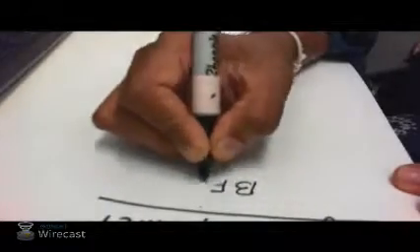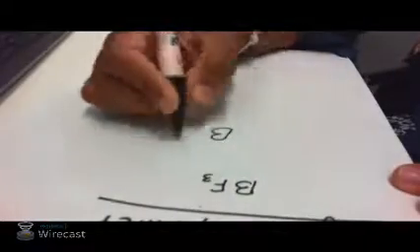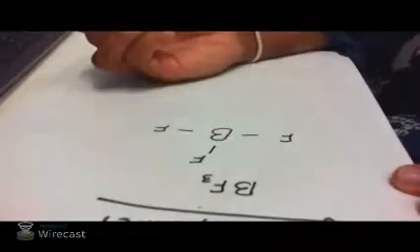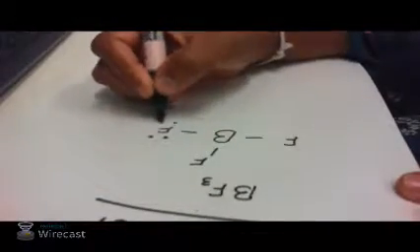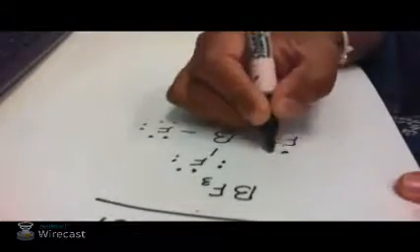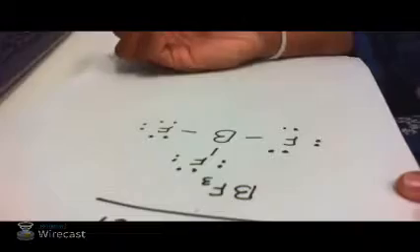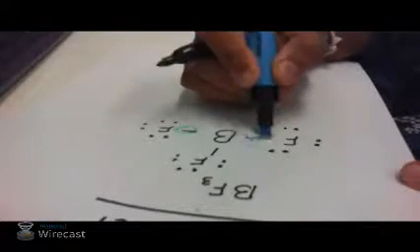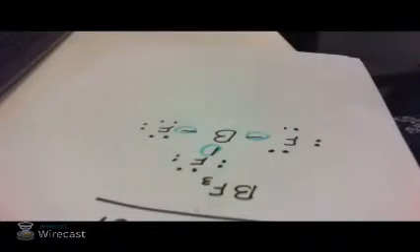BF3 is a good example. Boron, F, F, F. Let me complete the octet. Okay, so this is trigonal planar, 3 electron groups around the central atom. 1, 2, 3. 3 electron groups around the central atom, trigonal planar.